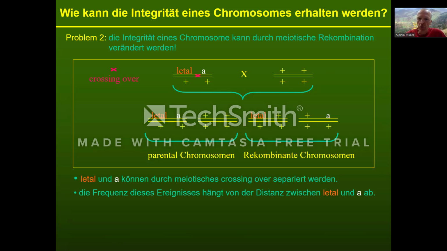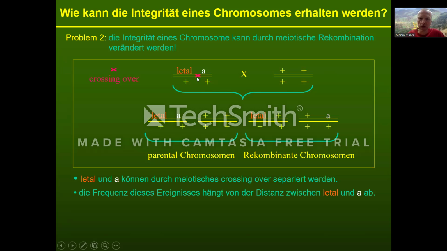The recombination frequency depends on how close these two are. If they are very close, you are not very likely to have a recombination event, but if they are far apart, the recombination frequency will be much higher. Anyway, the idea would be that you keep these two genetic markers together, like this here.